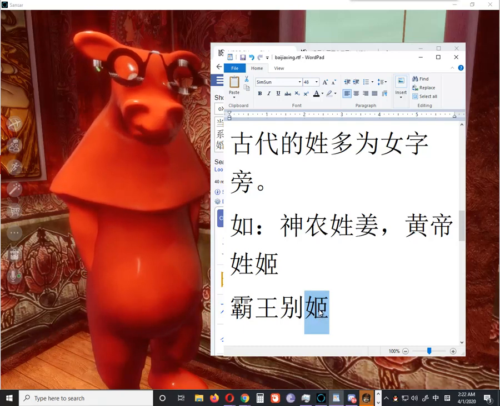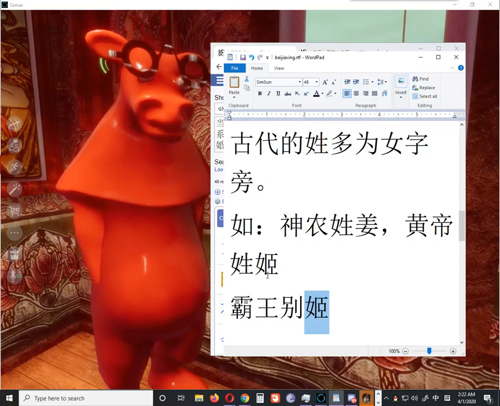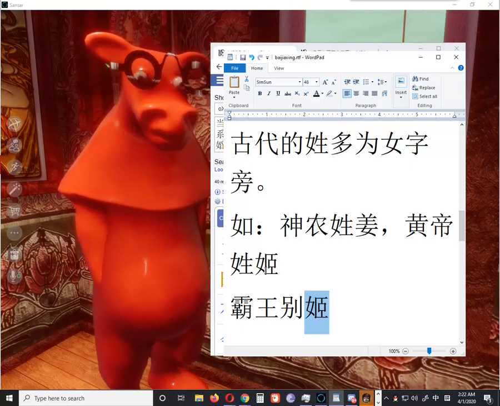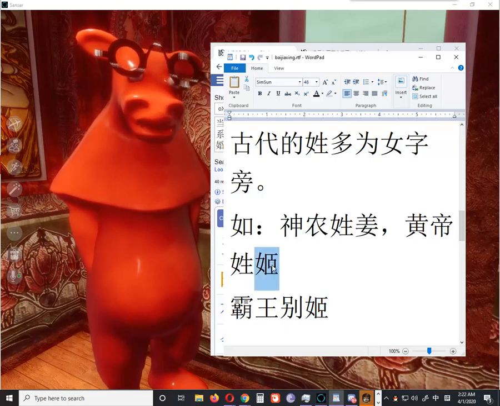So some Chinese, when they see that sentence, Huangdi Xing Ji, they feel embarrassed, right? The Yellow Emperor's family name was Ji.